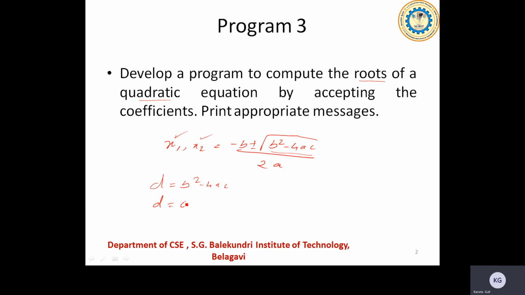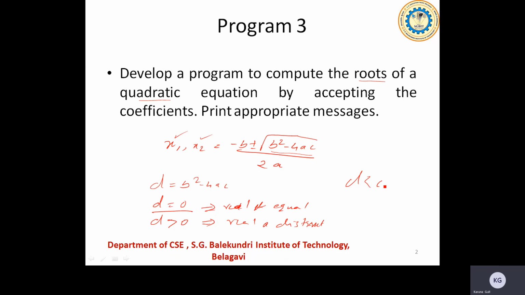If d is equal to 0, then the roots are equal and real. If d is greater than 0, then the roots are real and distinct.